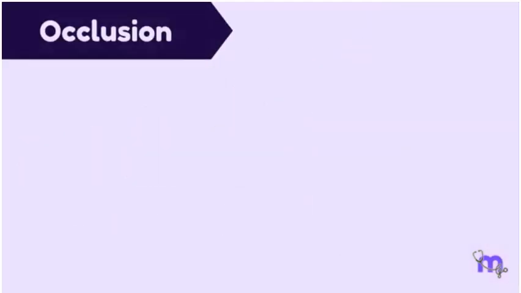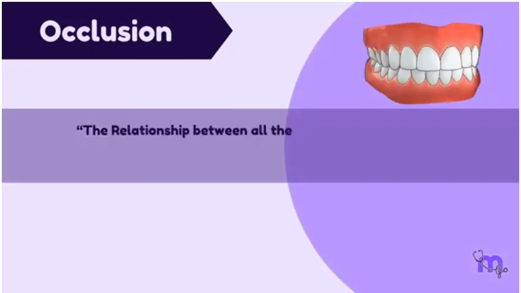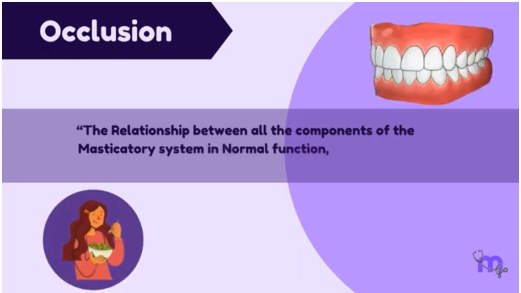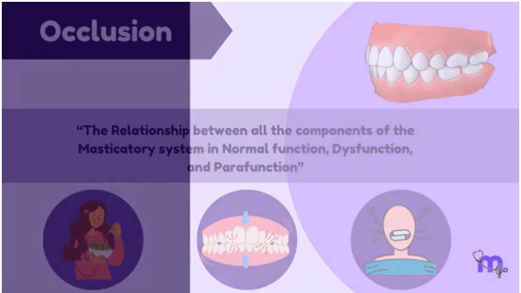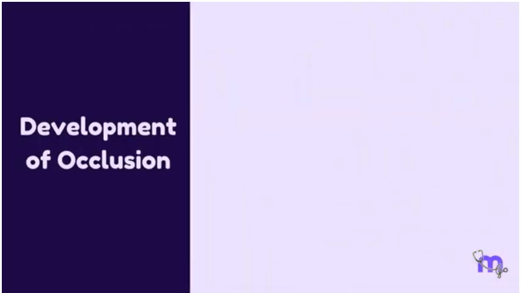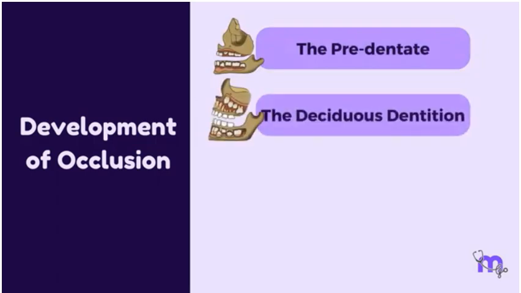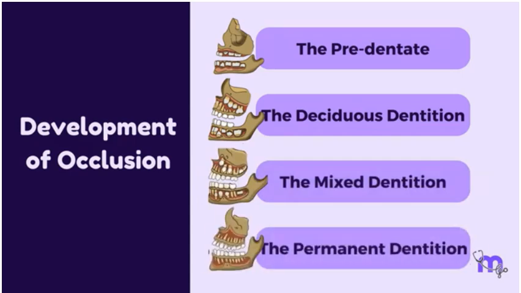The term occlusion is defined as the relationship between all the components of the masticatory system in normal function, dysfunction, and parafunction. The development of occlusion takes place in four stages: the predentate, the deciduous dentition, the mixed dentition, and the permanent dentition stage.